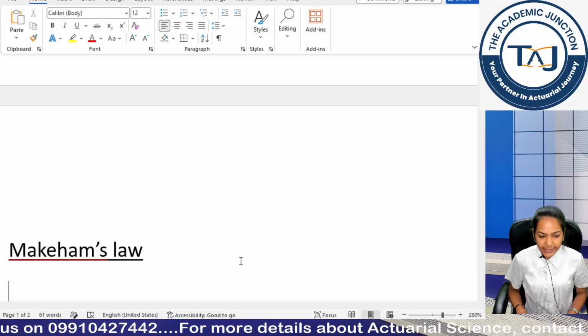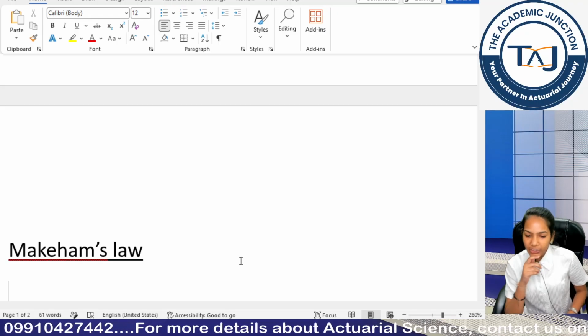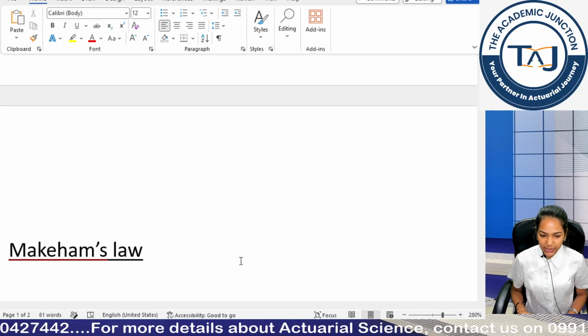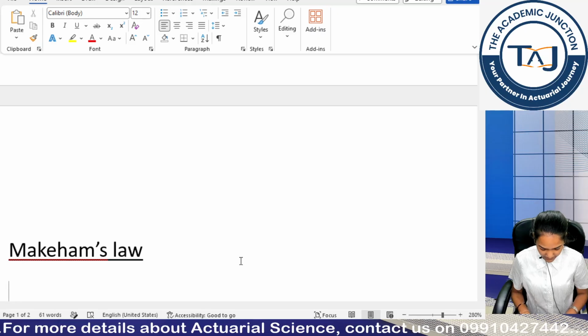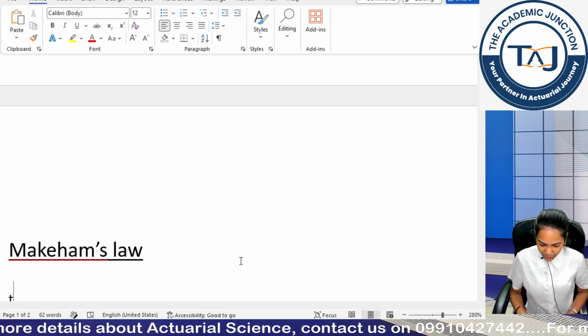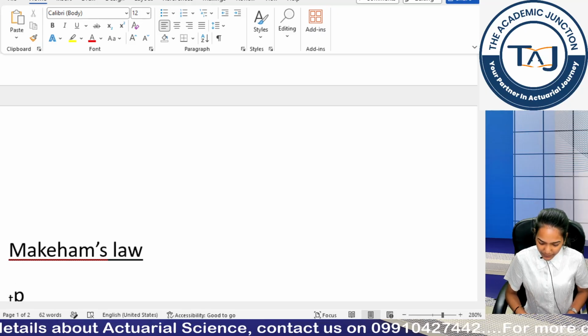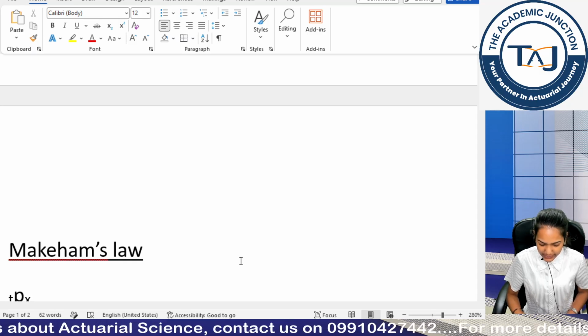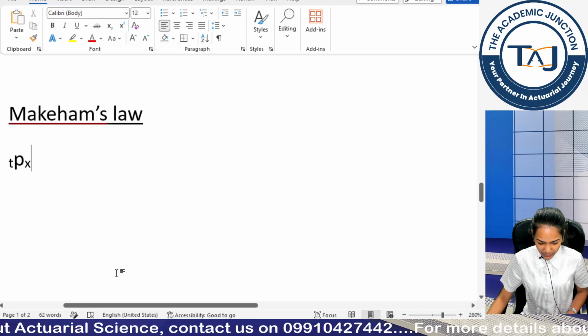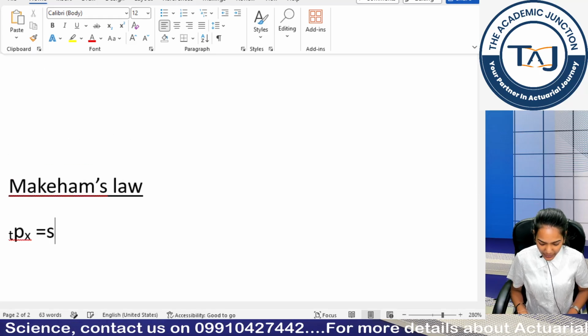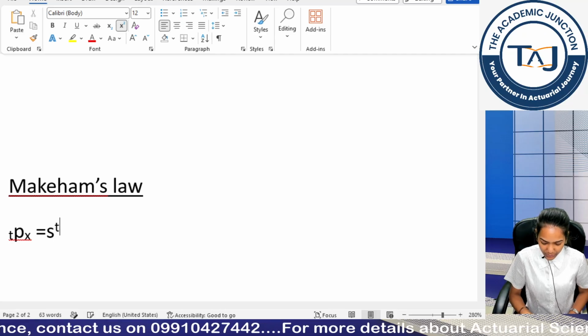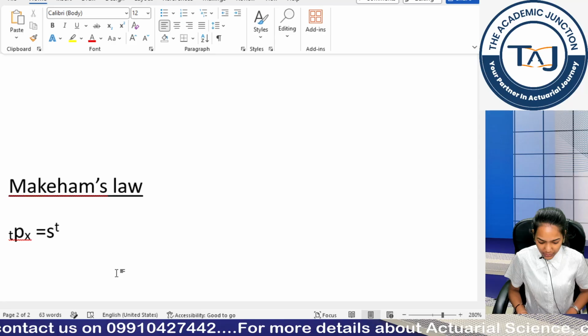So it is tp_x is equal to s to the power t, g to the power c^x (c^t minus 1), right? So I am just writing the whole complex equation. Okay. So it is control shift minus for t, control shift minus for normal script, p, control shift minus x. Yes, and then equal to. So it is s to the power t. So control shift plus for going to t, control shift plus coming back to normal. Okay.